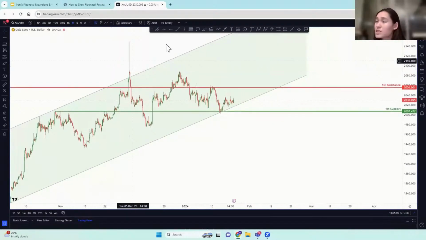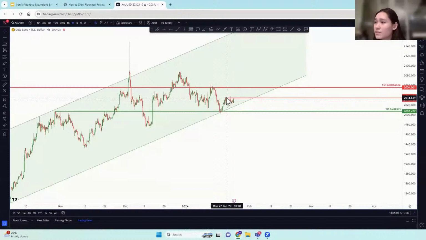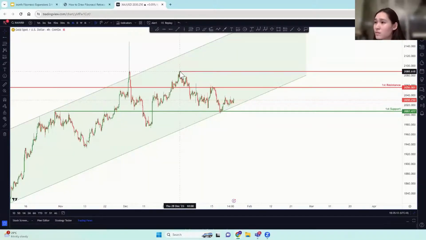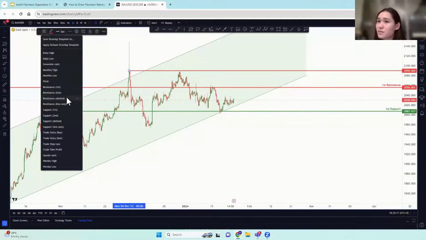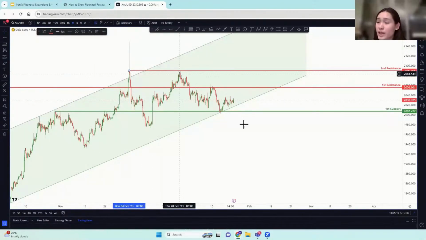So that's our first resistance. And I think our second resistance would be here, since it is a double swing high.